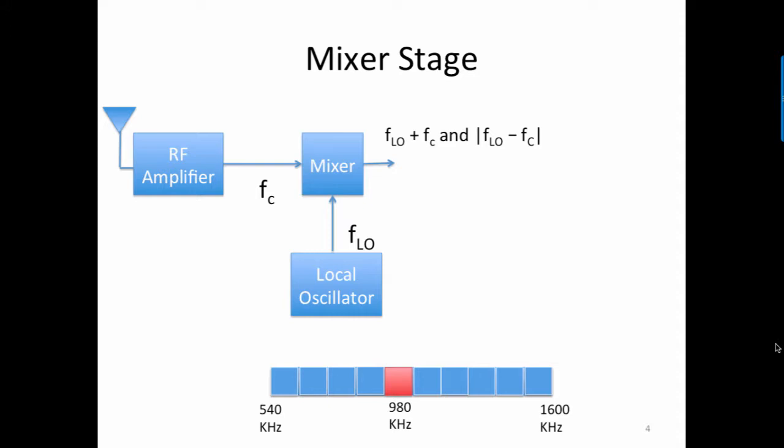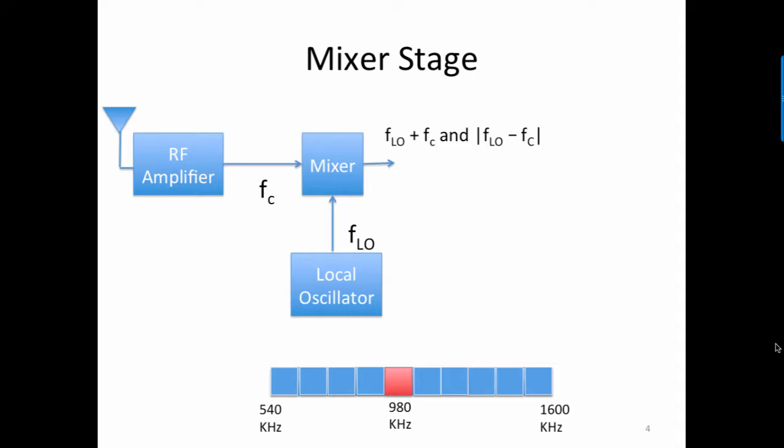In the mixer stage, all of the signals passing through the RF amplifier, including FC, mix with the local oscillator signal in the mixer. We know that when two sinusoids mix, or multiply, the product that they produce is two sinusoids at the sum and difference of the original frequencies.